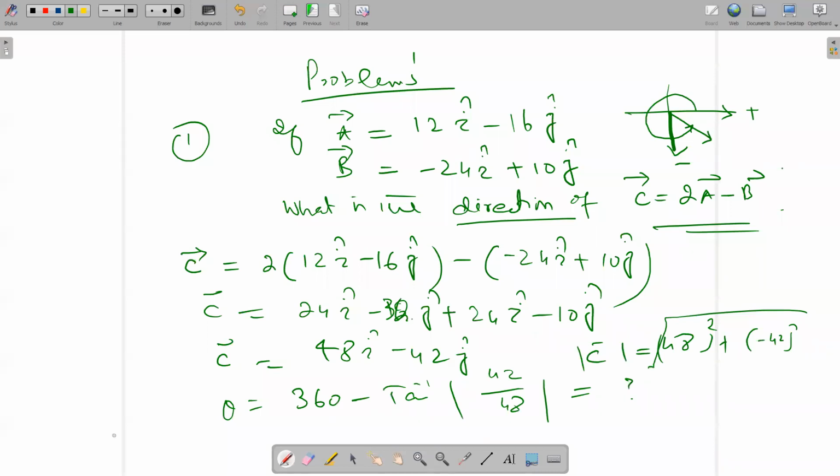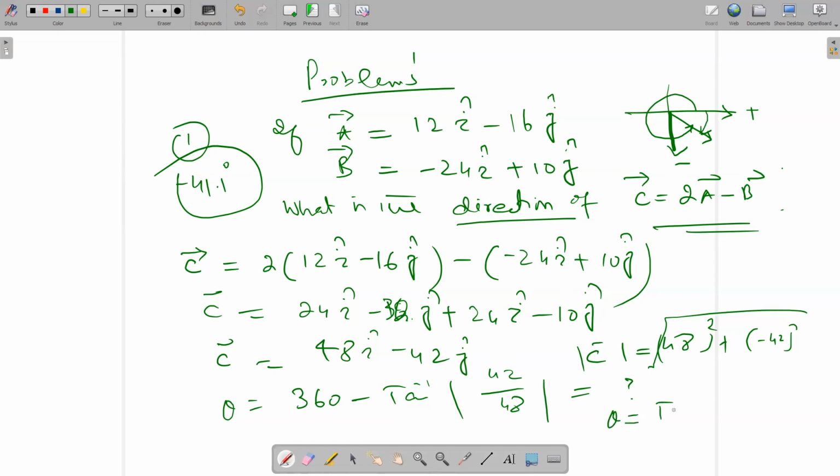But in this question, the answer given is minus 41.1 degree. What does this mean? It means he is taking the angle on this side. So you just find the angle and put a negative sign with it.